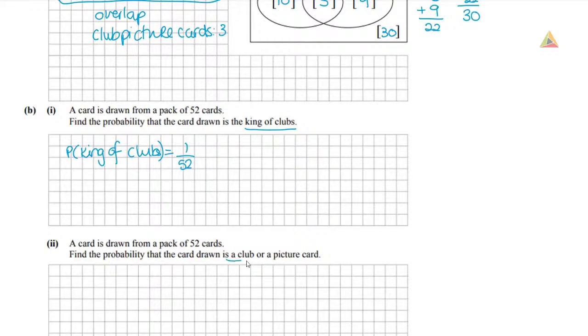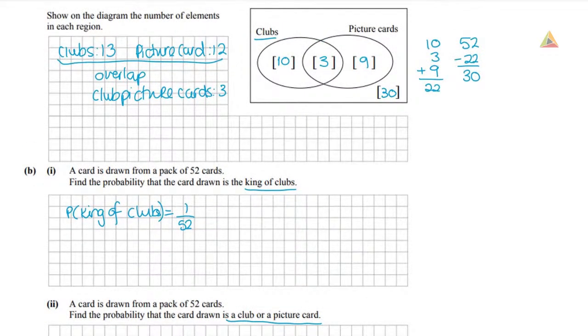Right, so if I want to do this from my Venn diagram, this means that I'm looking at everything that's in these 2 ovals. These are all my clubs and picture cards.